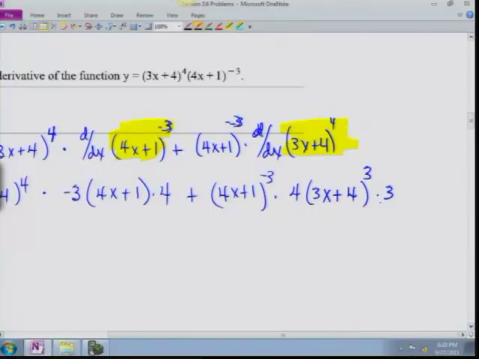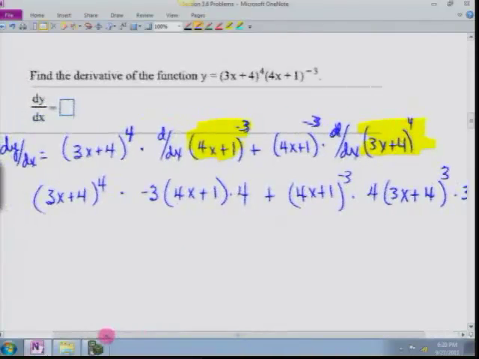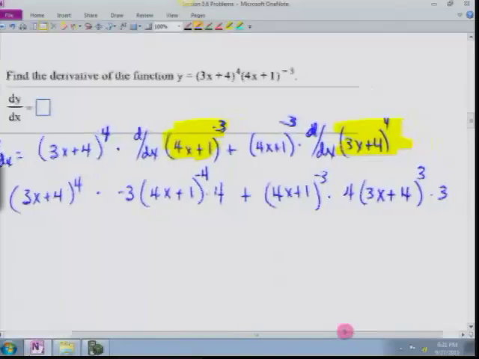It's a sign. Did I do something wrong? 4x plus 1, wouldn't it be negative 4? Yes. I could have said that I wrote it there and it just disappeared. But, yeah, you're absolutely right.